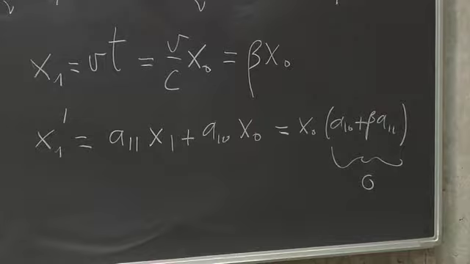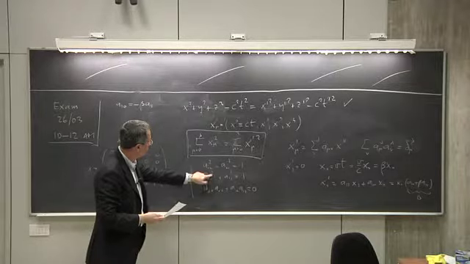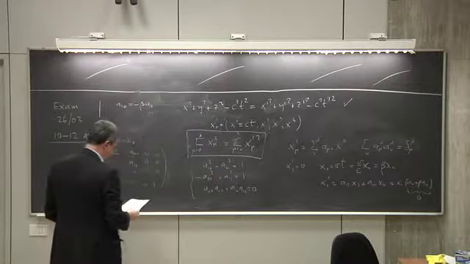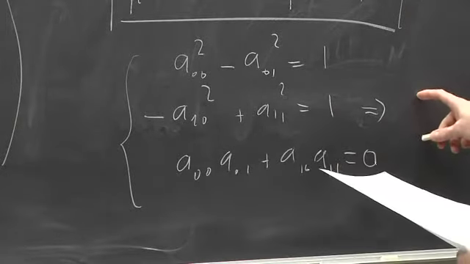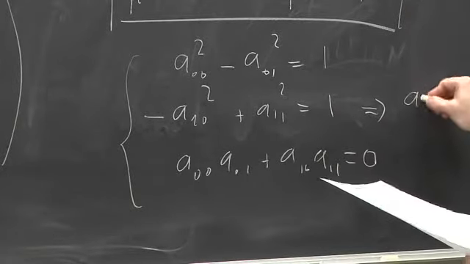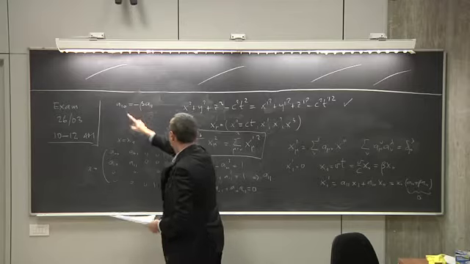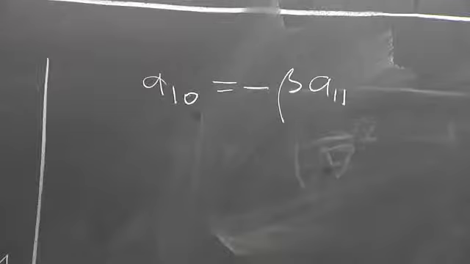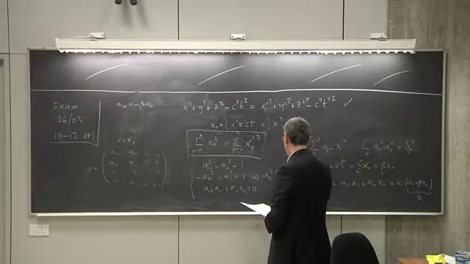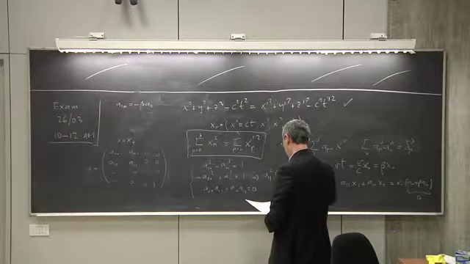On the other hand, this is also true: minus a10 square plus a11 square equals 1. So from this and that, you get a11. I use this to rewrite a10 in terms of a11. So I see that a11 square times (1 minus beta square) must be equal to 1.